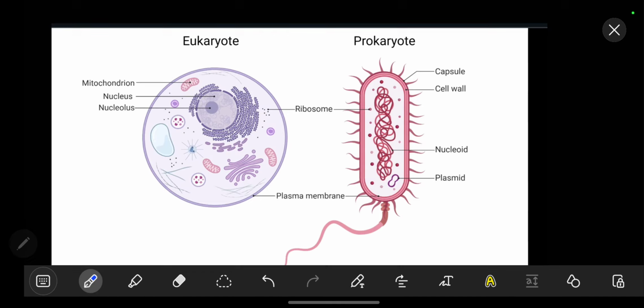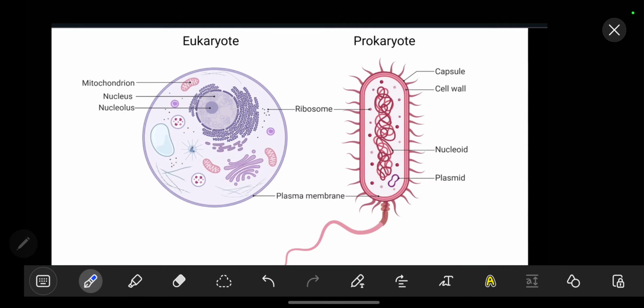The first difference between the eukaryotes and the prokaryotes is that the eukaryote has a nucleus while the prokaryote does not. The nucleus is where the DNA is found. Therefore, in the prokaryotes, the DNA is just suspended in the cytoplasm. This nucleoid is the DNA part of the prokaryote.